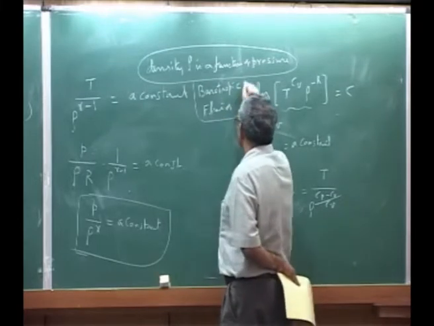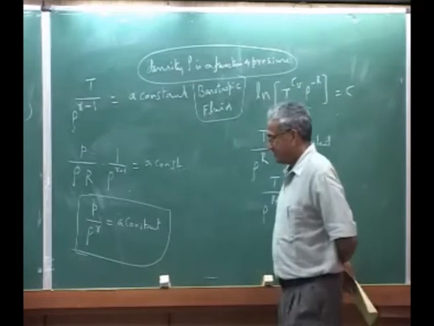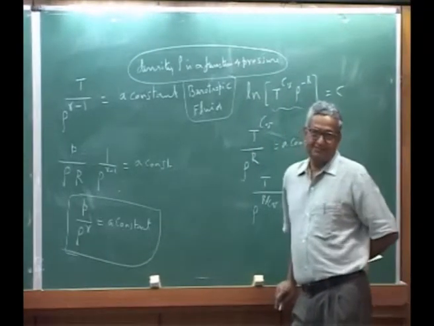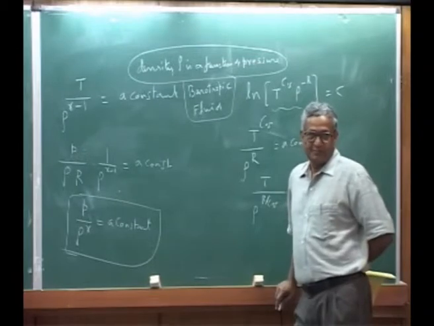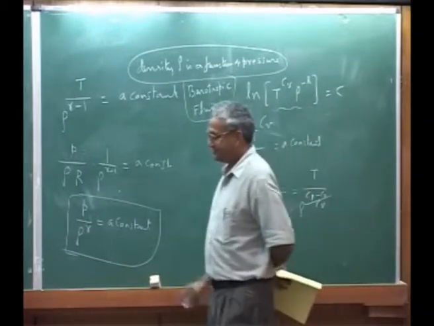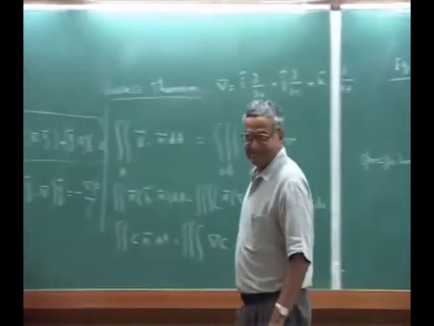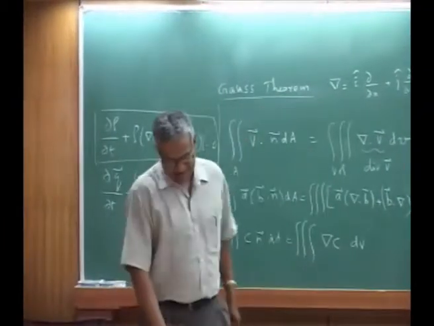Okay, that's all. Now p by rho power gamma is a constant.